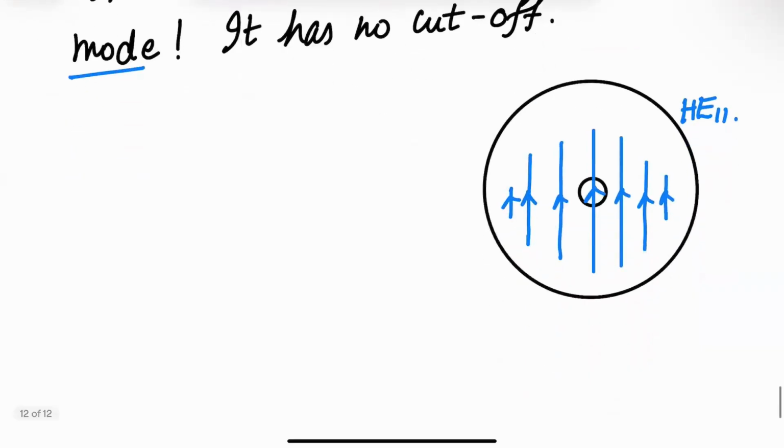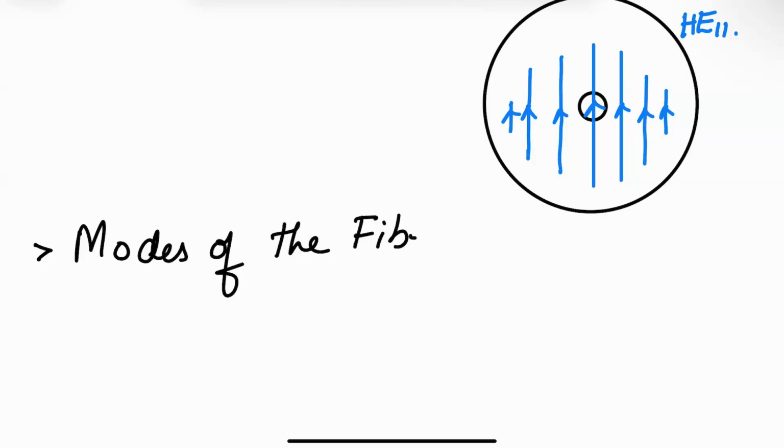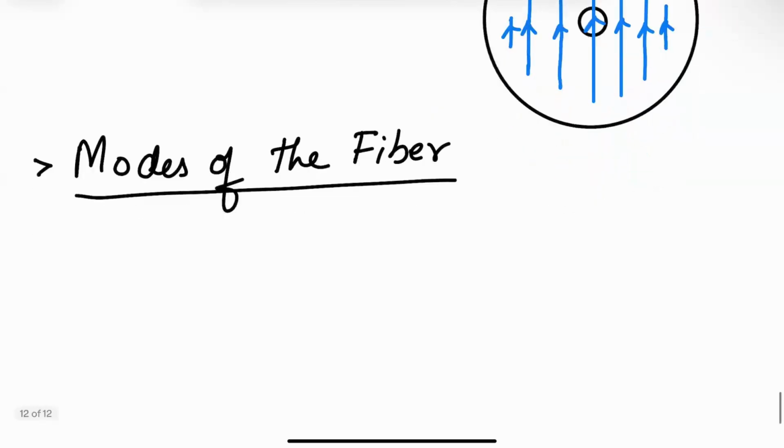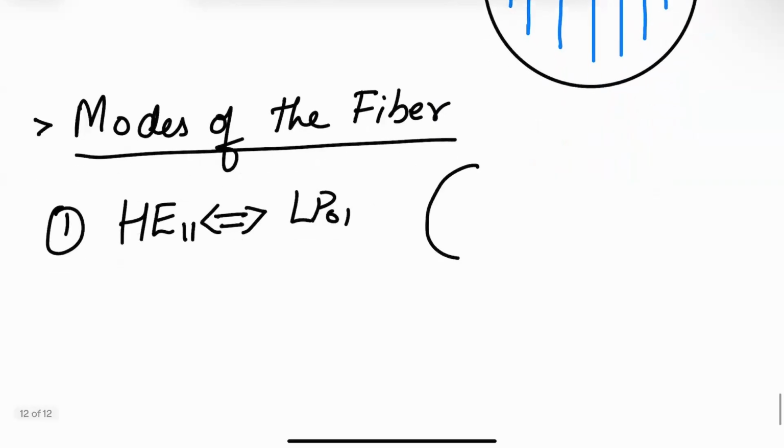So if we actually write out all the modes of the fiber, what are the different modes? The first one is what we just said, HE11, which is the same thing as LP01. It has a mode profile that is somewhat uniform, and the electric field is something like that.